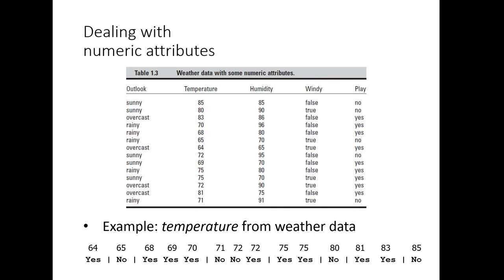I think we better go with the class later. 85 no, 90 no, 86 yes, 96 yes, then 80 again yes, right? 70 no, if I make a mistake tell me. 65 yes, then 95, it's no, right? 95 it's no.